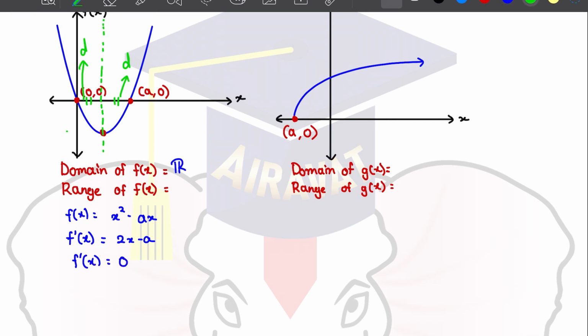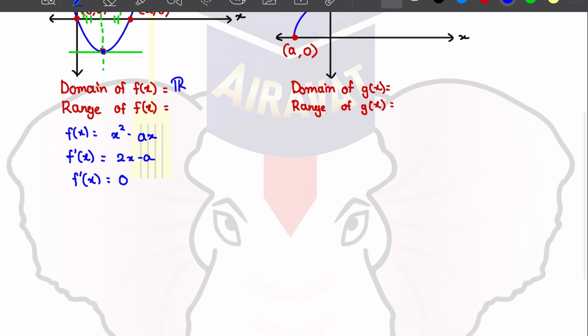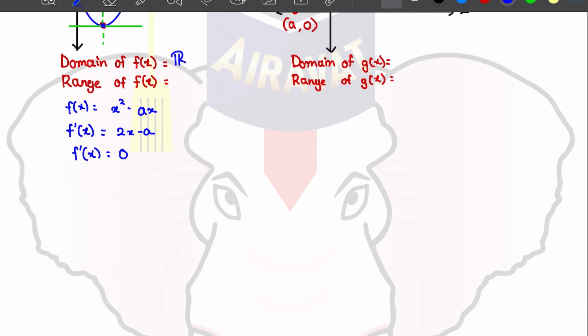Well, if I were to draw a tangent that passes through this turning point, we can clearly see that this tangent has no gradient or slope. So the gradient of this tangent line is equal to 0. Hence, the x-coordinate of this turning point is found when the gradient of this parabola is equal to 0.